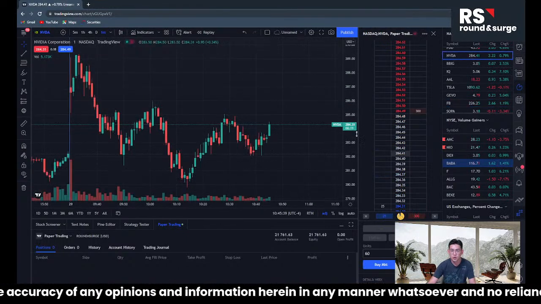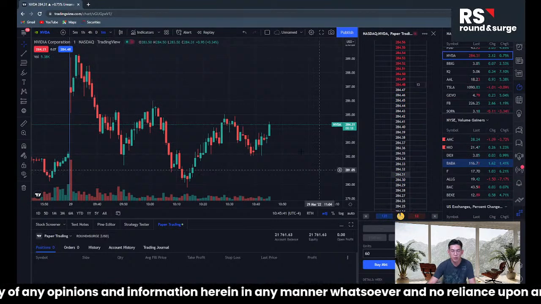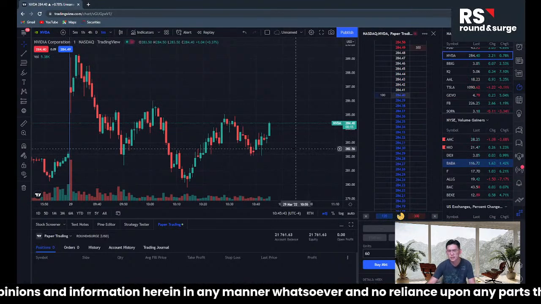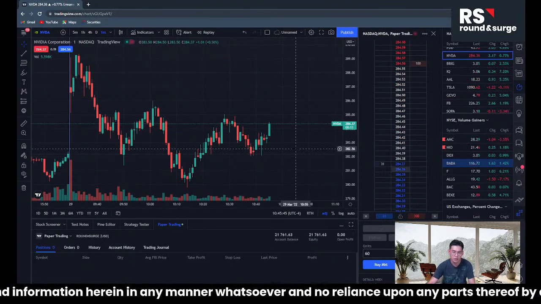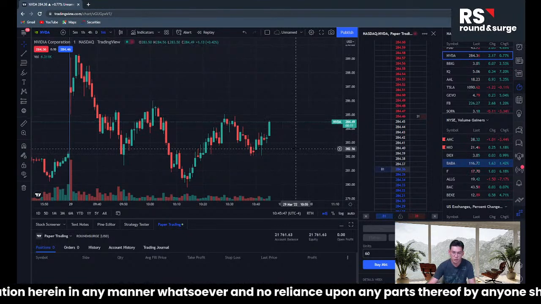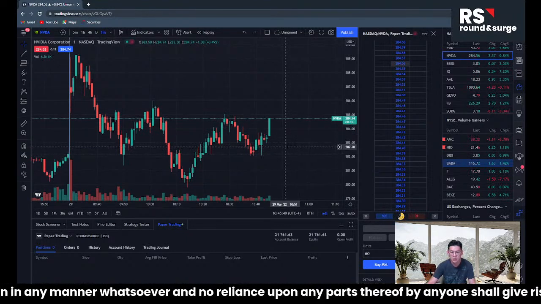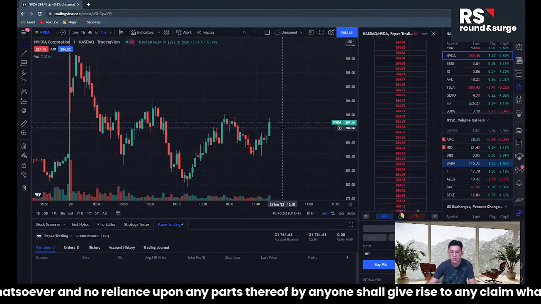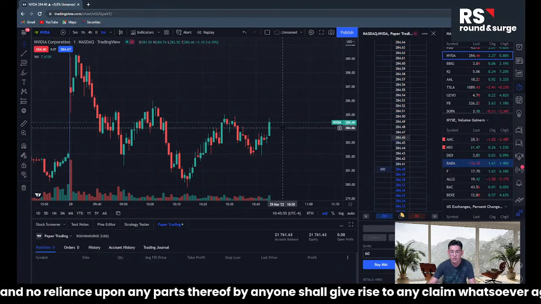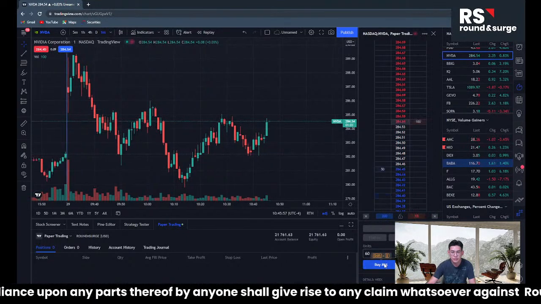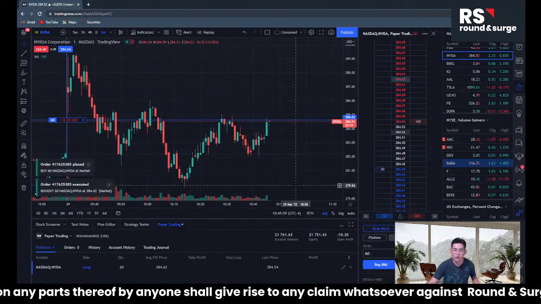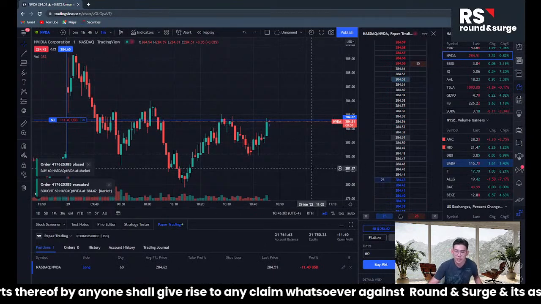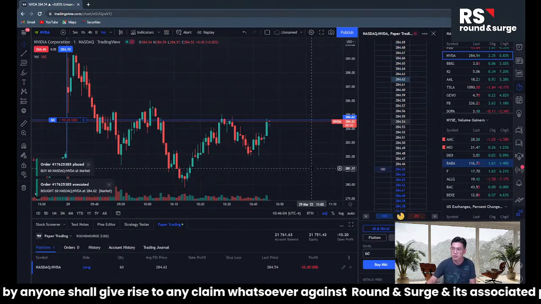So NVIDIA is 200 plus, so I'm entering about 60. It's not the same as 100, but it's still okay because 100 is basically the max. The reason why I do that is that you can still cover the losses if there are any losses in other stocks.